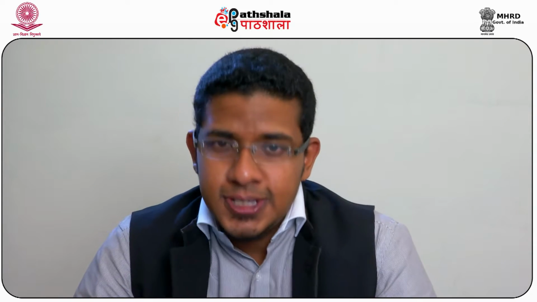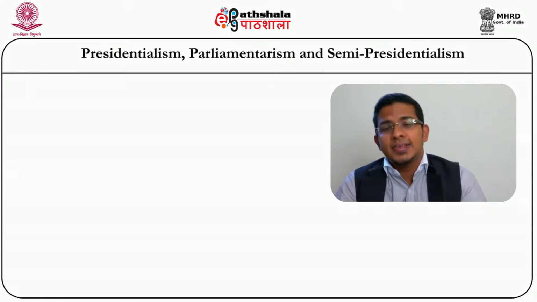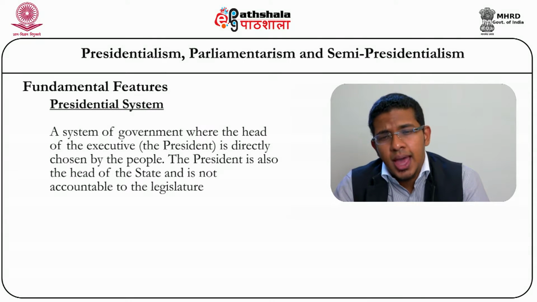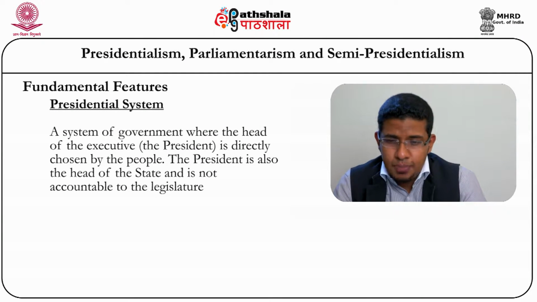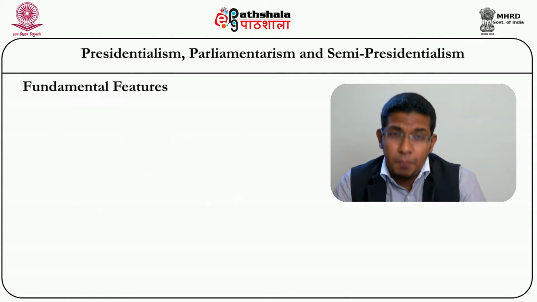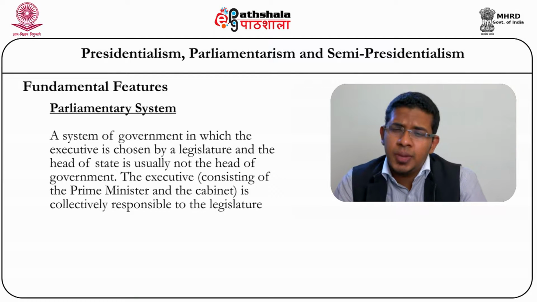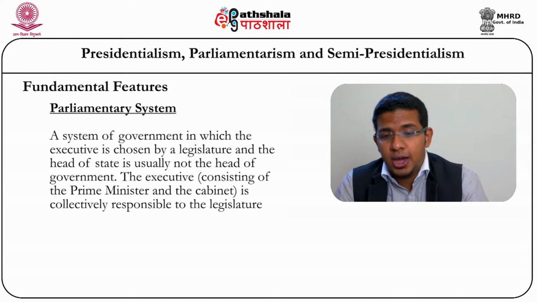So I'll now start with each of the systems, but before that I'll just give a very brief overview of what all the three systems are about. A presidential system is a system of government where the head of the executive is directly chosen by the people. The president is also the head of the state and is not accountable to the legislature. A parliamentary system is a system of government in which the executive is chosen by a legislature and the head of the state is not usually the head of the government.